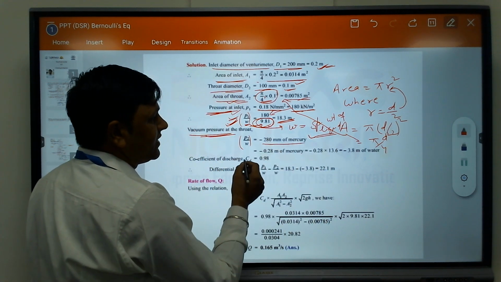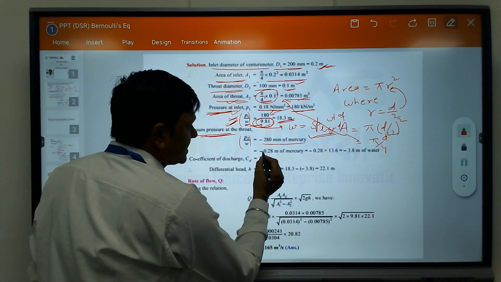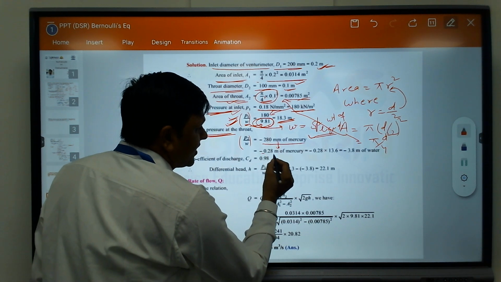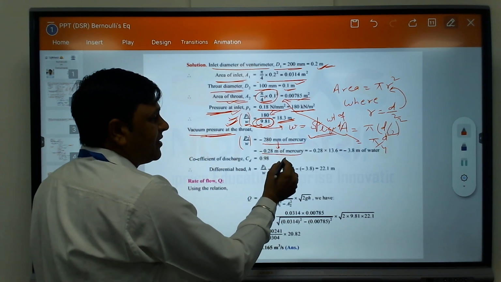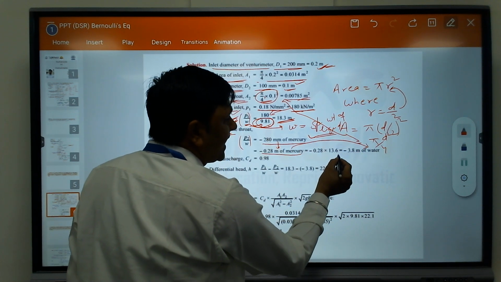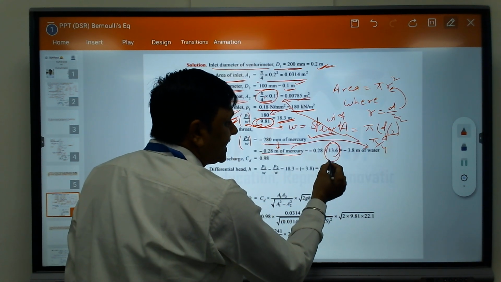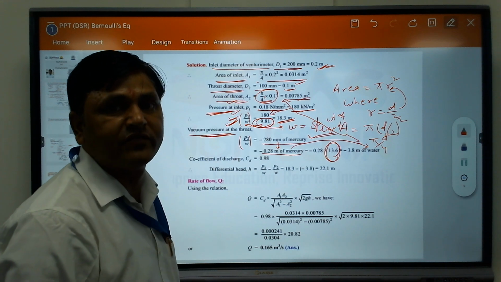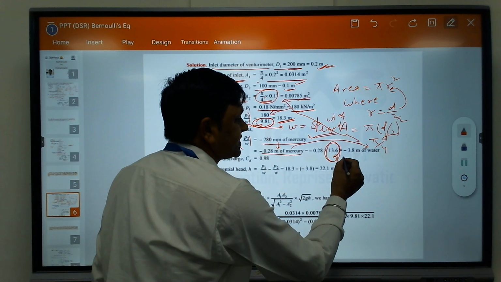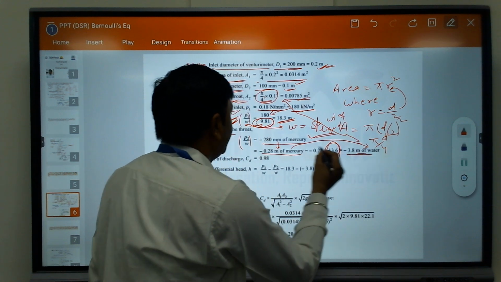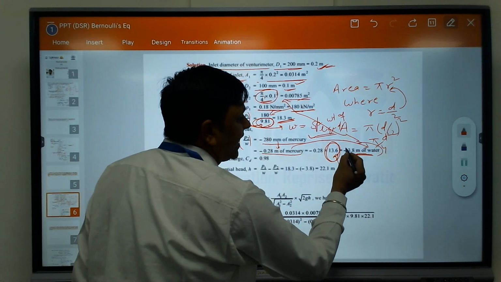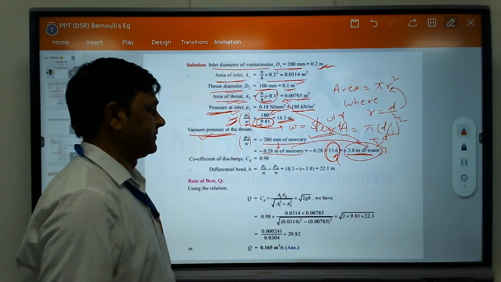After converting minus 0.28 meter of mercury into water by multiplying by the specific gravity of mercury, 13.6, we get the vacuum pressure at the throat as 3.8 meter of water.